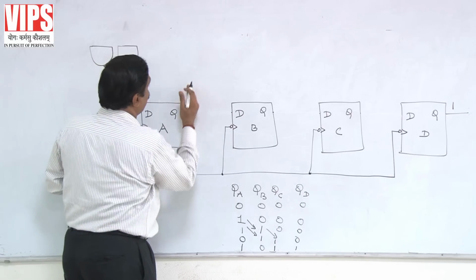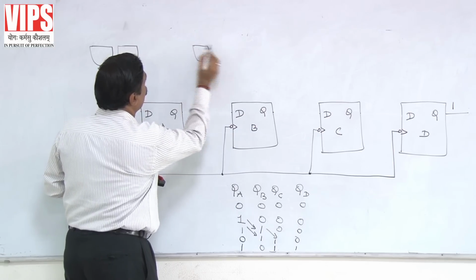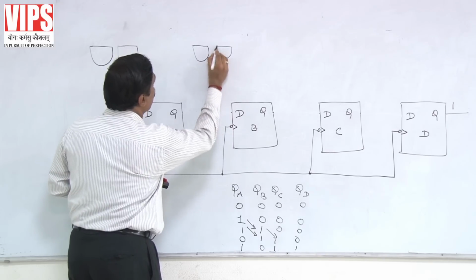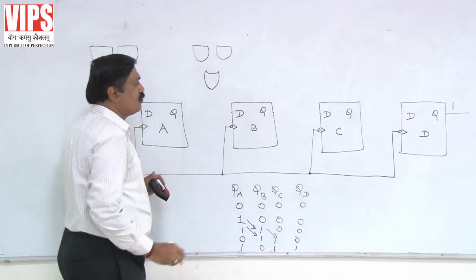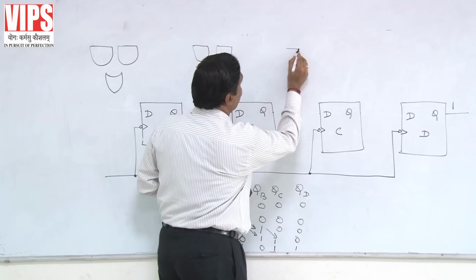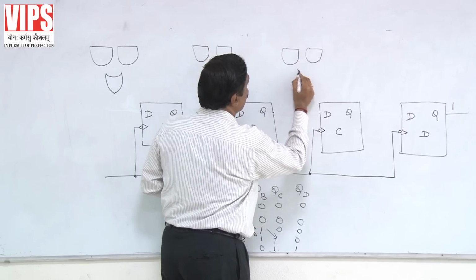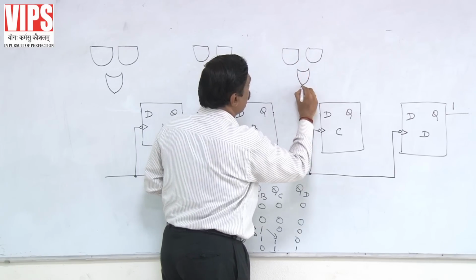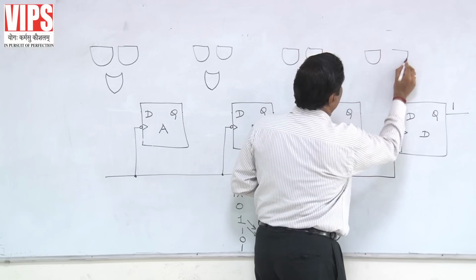Therefore, give some space here. Again, 2 AND gates, 1 OR gate. Again, two AND gates, 1 OR gate.